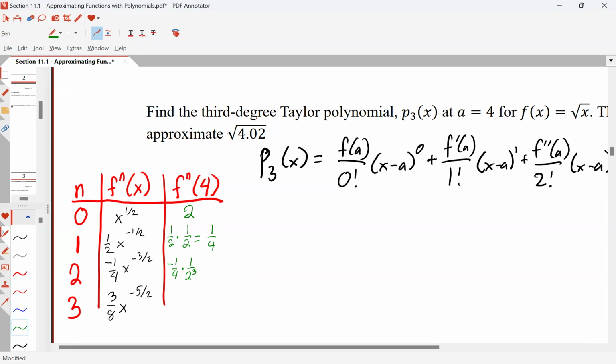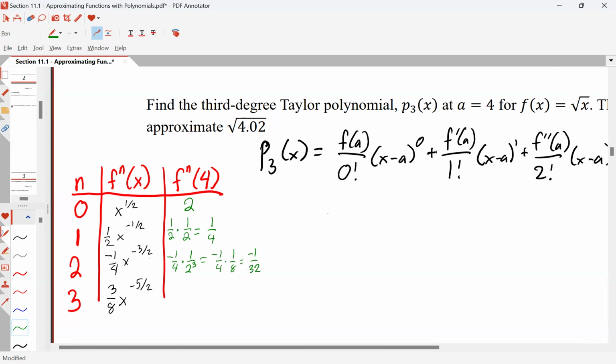I'm just turning all of these 4s into 2 because they're always having the square root taken. So this is negative 1/4 times 1/8, or negative 1 over 32.